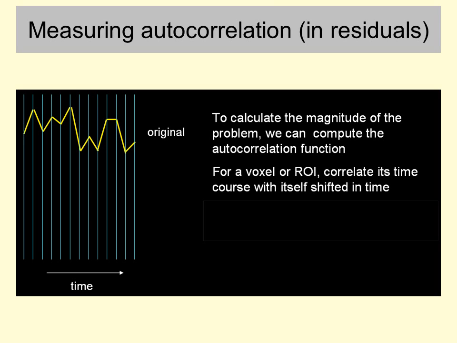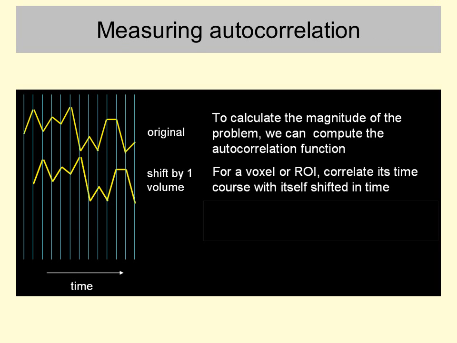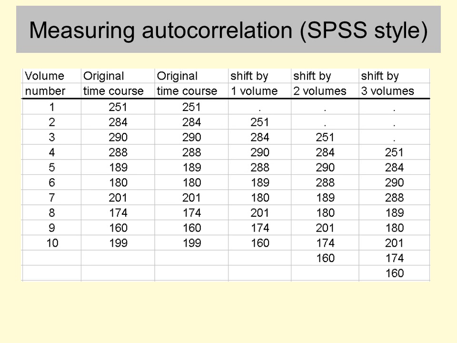So if that's the original time course of residuals, then we can shift that time course by one volume in time and calculate the correlation between original and the new time course, and then we shift it by two volumes in time and once again calculate a correlation with the original time course. Now if you were to do this in SPSS, you'd set up something like this.